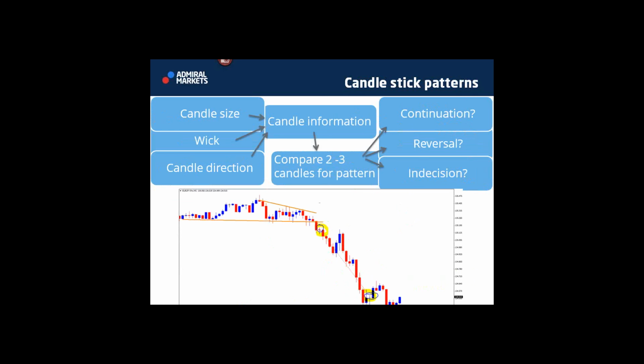Now, I'm not going to dive into those patterns. That's a different topic, different webinars we had in the past already. And maybe we can do that again. It was a long time ago, actually. So I don't know if anyone's interested, let me know. But that would be then the next step. And those patterns, of course, give information about continuation, reversal, indecision.